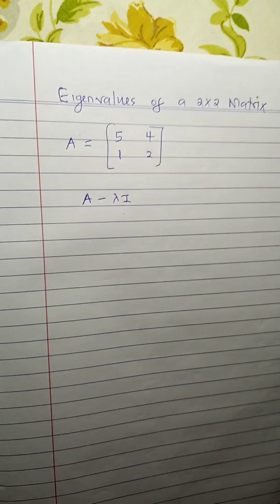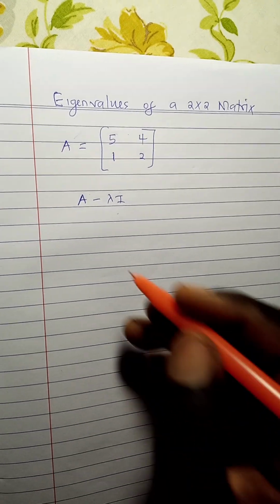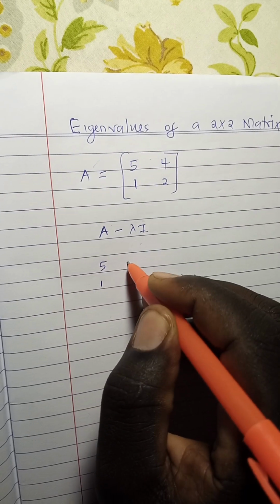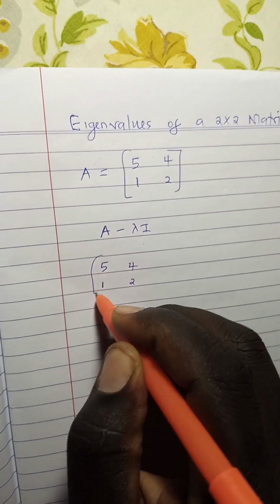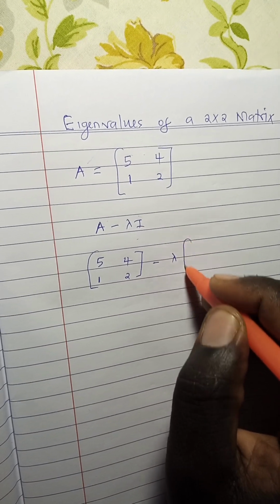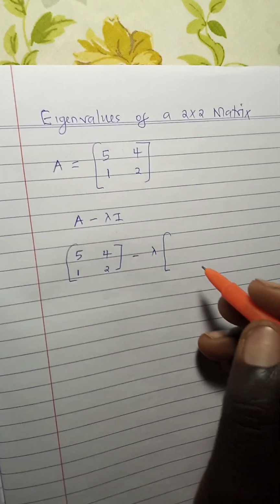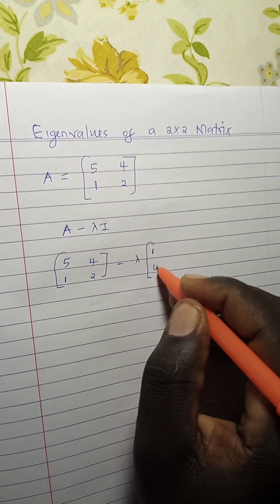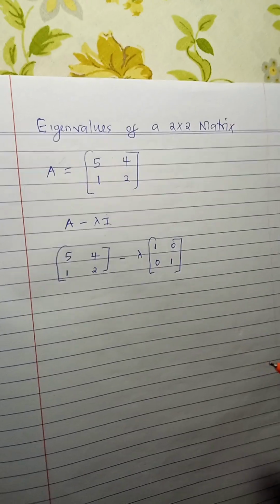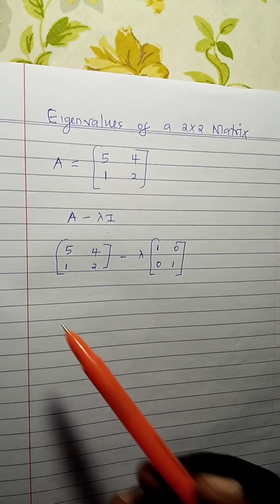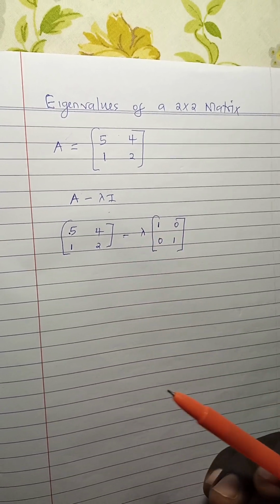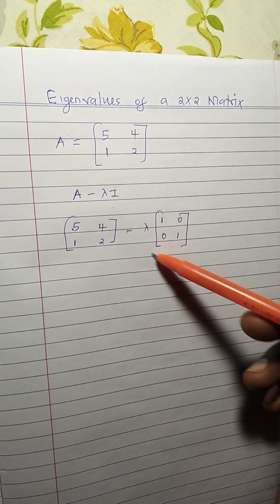So in our scenario, we will do it like this. That is 5, 1, 4, 2. Then we subtract lambda times the identity matrix, which here is just 1, 0, 0, 1. This is the identity matrix. So let us first solve this.